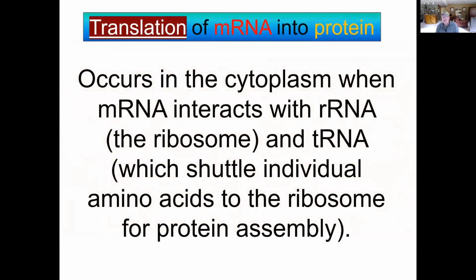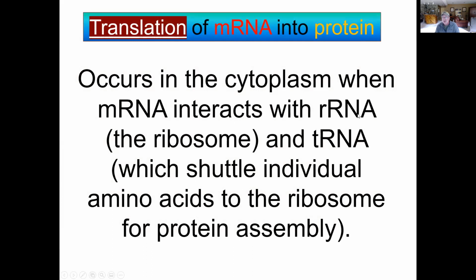It's called translation. So we've just talked about how messenger RNA is transcribed from the DNA in the nucleus and how that messenger RNA has left the nucleus and gone out into the cytoplasm. There it will interact with the ribosome, which you know is made up primarily of rRNA.